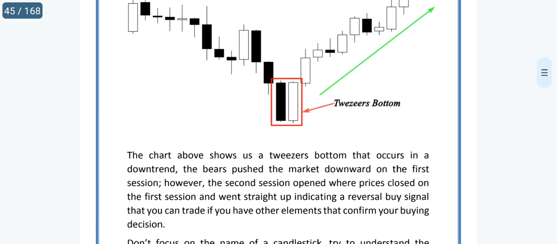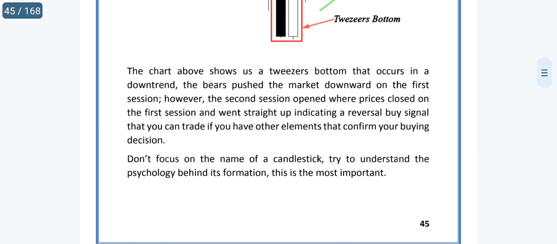The bears, I mean the sellers, pushed the market downwards on the first session, as you may see here. However, the second session opened where prices closed on the first session and went straight up, indicating a reversal buy signal that you can trade if you have other elements that can confirm your buying decision.